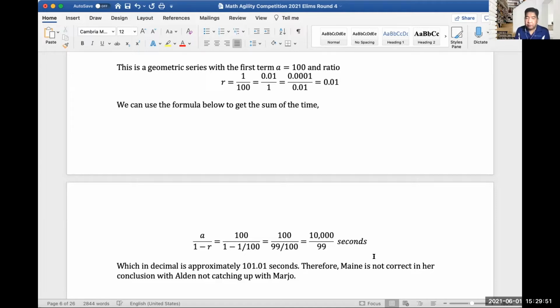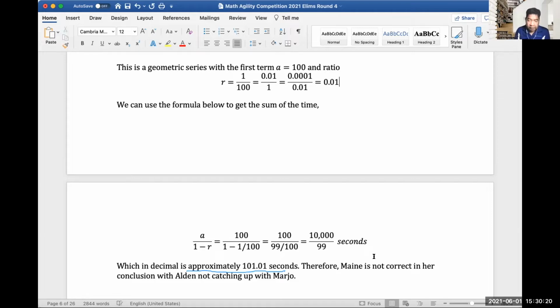So if you get the decimal equivalent of 10,000 over 99, that is approximately equal to 101.01 seconds. So, of course, Marjo is not correct in her conclusion. Alden would, of course, be able to catch Marjo at this time of 101.01 seconds.